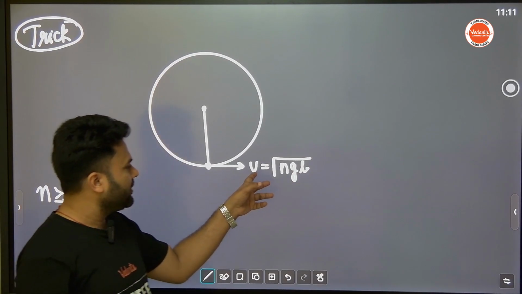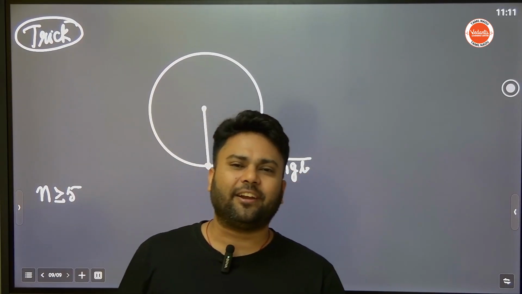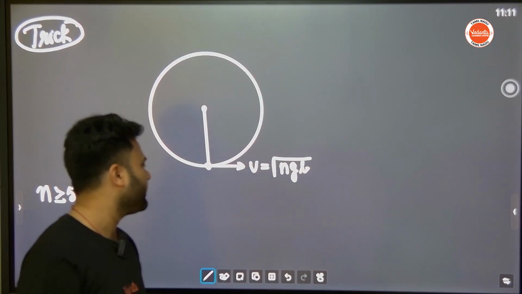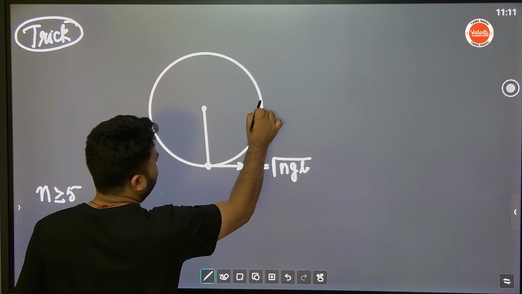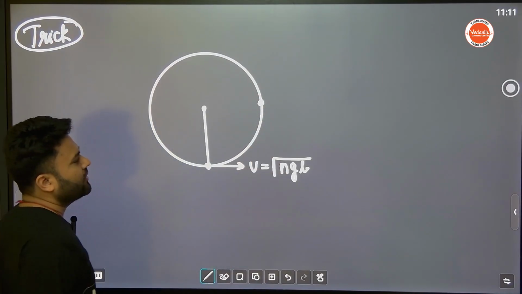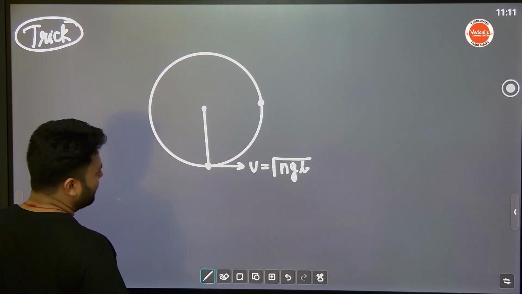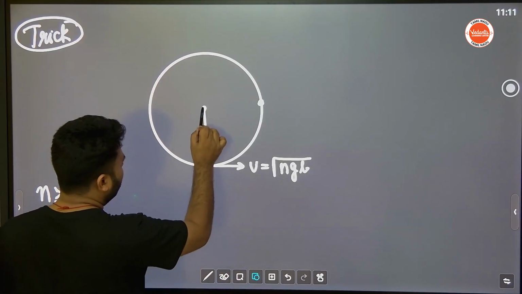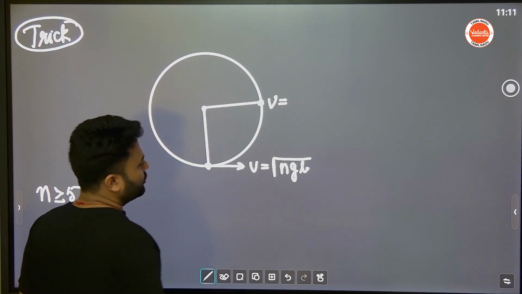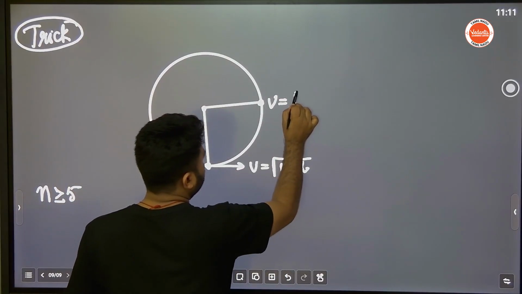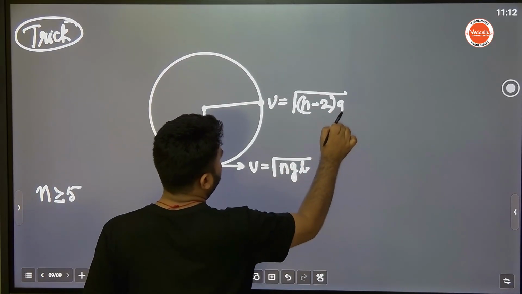Means if they give under root 5 gL, under root 6 gL, under root 7 gL, under root 8 gL kind of thing, it should not be less than 5. So if they ask what is the speed value here, when the ball will reach here, what will be the speed value? You subtract 2. This is the trick. n minus 2. So under root n minus 2 gL.